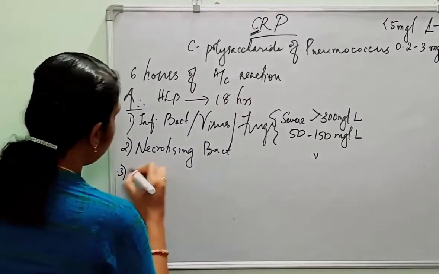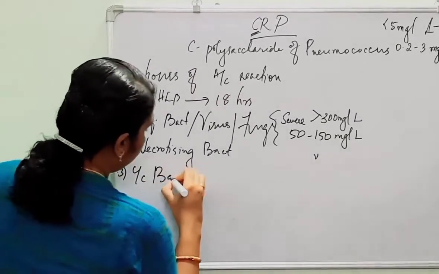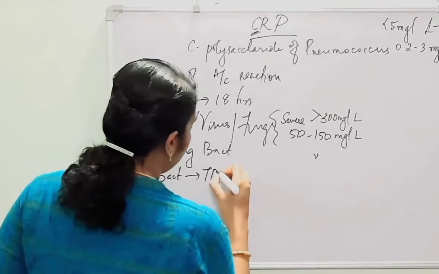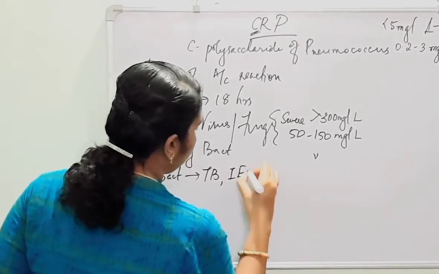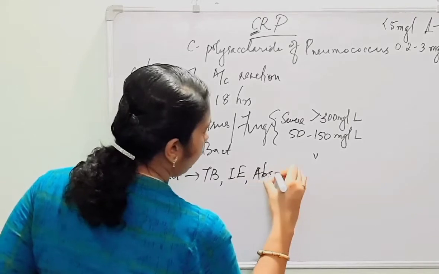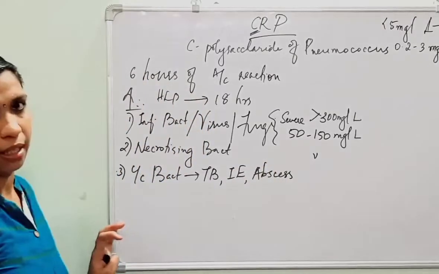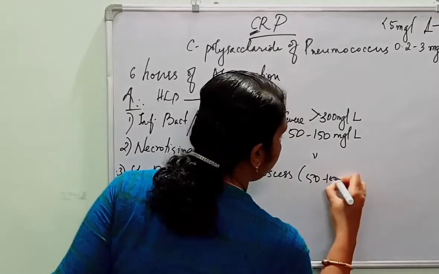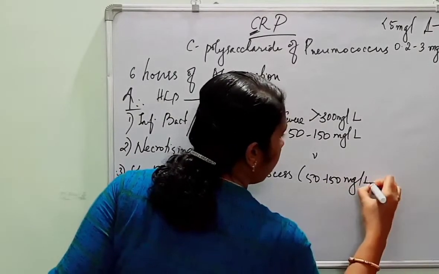And third is chronic bacterial infection, such as TB, infective endocarditis, and also localized abscess. Here it will be between 50 to 150 milligram per liter.